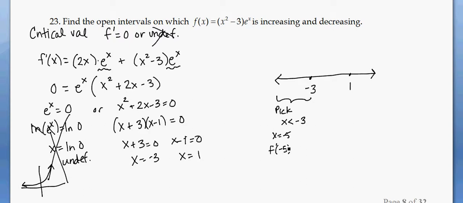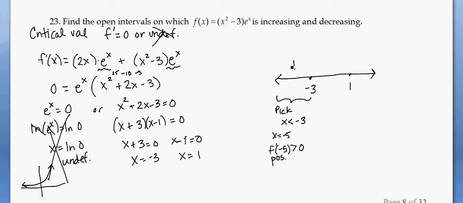Is it positive or negative? So e to the negative 5 is going to be a positive number. And then I've got negative 5 squared is 25, plus 2 times negative 5 is a negative 10, and then minus 3. So 25 minus 10 minus 3, that's still going to be a positive number times a positive number. So I get a positive result.